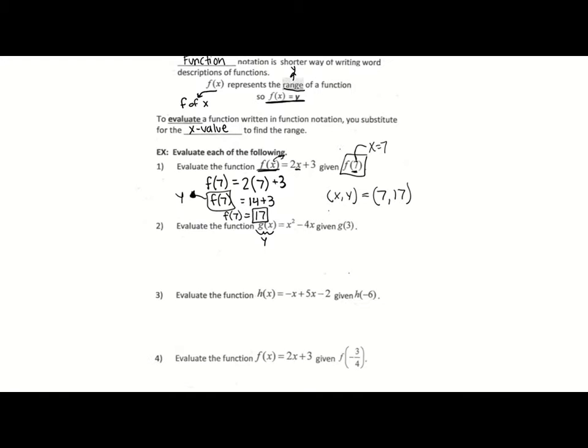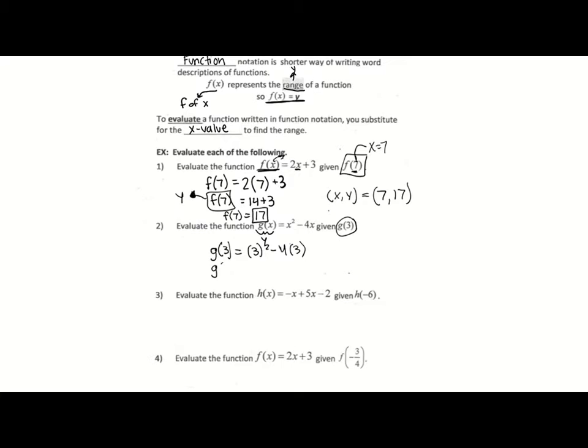Now if g of 3 is given, we want to figure out what that is equal to. So g of 3 means we're plugging in our 3 for our x values. So that means we're going to have 3 squared minus 4 times 3.